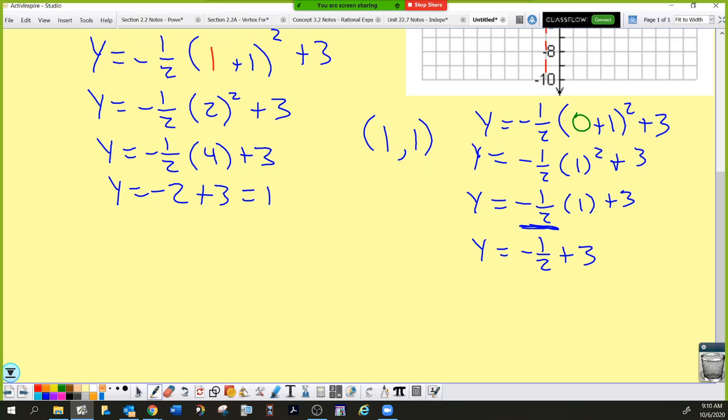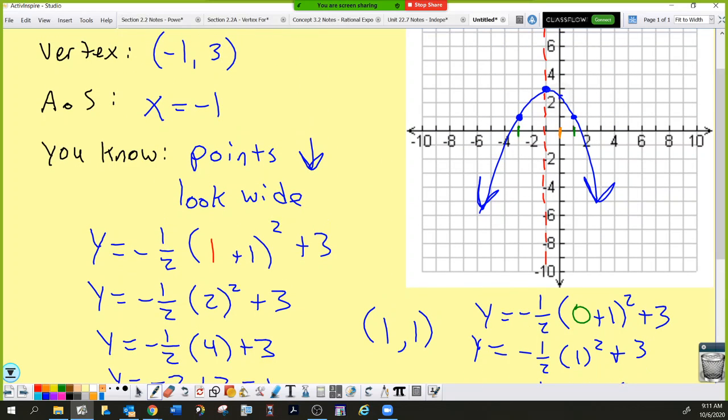And if you grab a handy dandy calculator and you do negative 1/2 plus 3, you will get 2.5. So there should have been a coordinate at x equals 0, y equals 2.5. So it's not that it's a different answer, it's that it's a different coordinate on the curve.